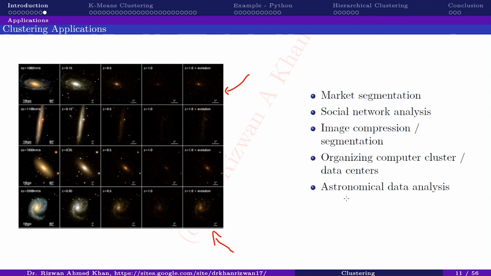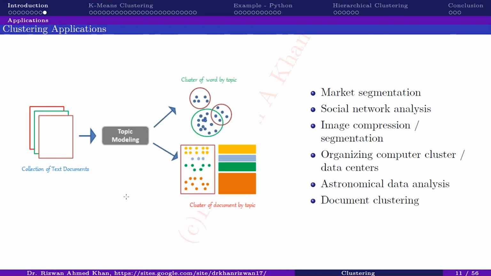So these, and one more, data or document clustering. So given documents, we can cluster them using different techniques. Let's say we are given 1,000 documents and we extract some kind of information from those documents and start clustering them.